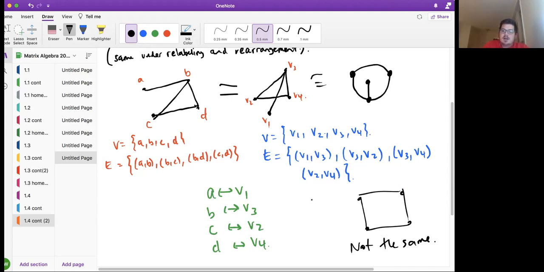Because B, or this one, has 3 edges coming from it. But the square, for example, all the vertices have 2 edges that come from it. Does that make sense? Like why they're not the same? There's no correspondence between the vertices that give the same edges.